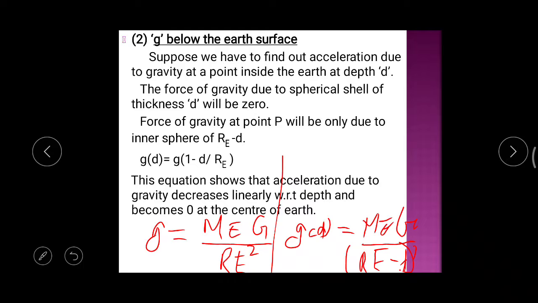So if you are taking the g_d by g ratio, you know that the G M_E values will get cancelled, and the remaining will be R_E square and (R_E - d) the whole square.